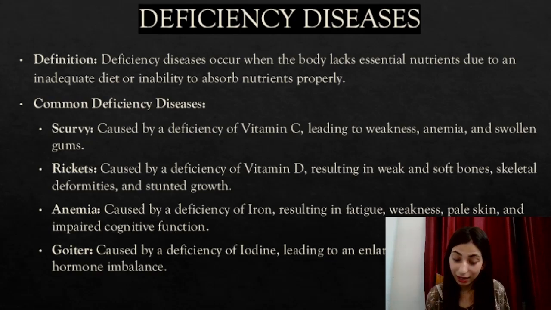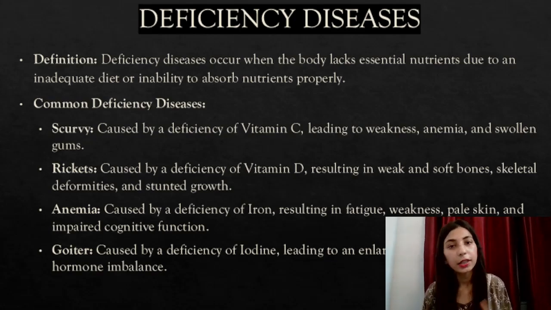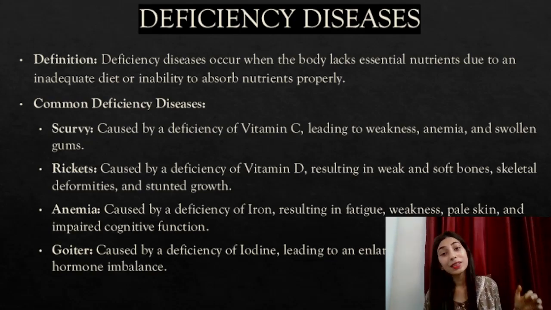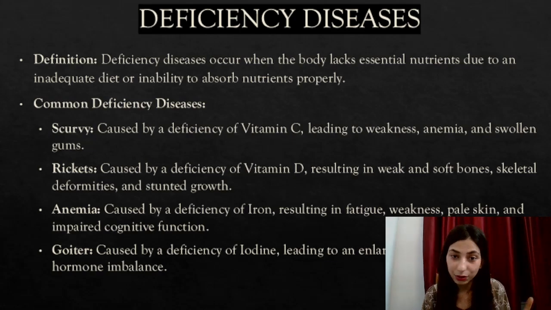And if there is a deficiency of any nutrient, then you can get a deficiency disease related to that particular nutrient. So have a good balanced diet. Also, sometimes you're taking a balanced diet, but still you're suffering from deficiency diseases. Why? Because your body is not absorbing these nutrients properly. So that would be the reason for deficiency diseases.